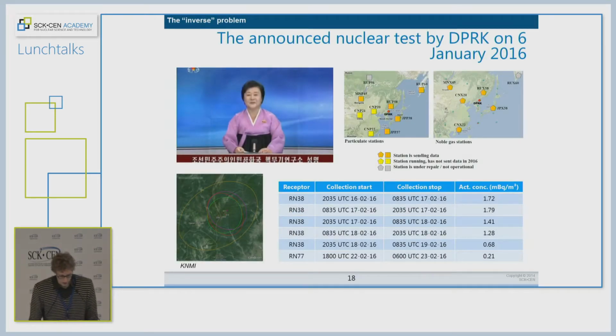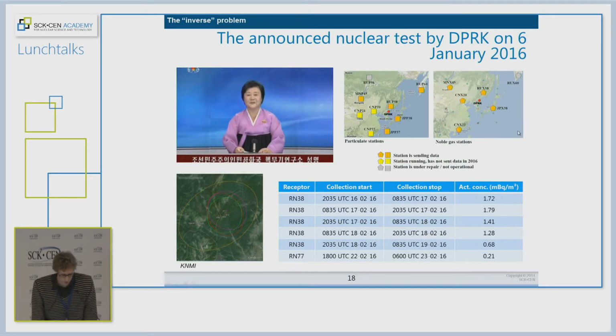In this table, I summarized the observations, or the suspicious observations, that were made by a station in Japan called RN38. So there were 5 observations of elevated radioxenon concentration, and then also later there was a detection at a station in the United States, at least in the Pacific Ocean.